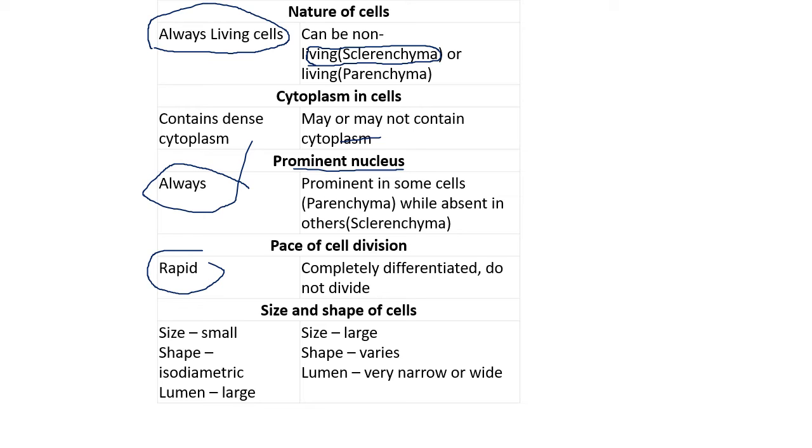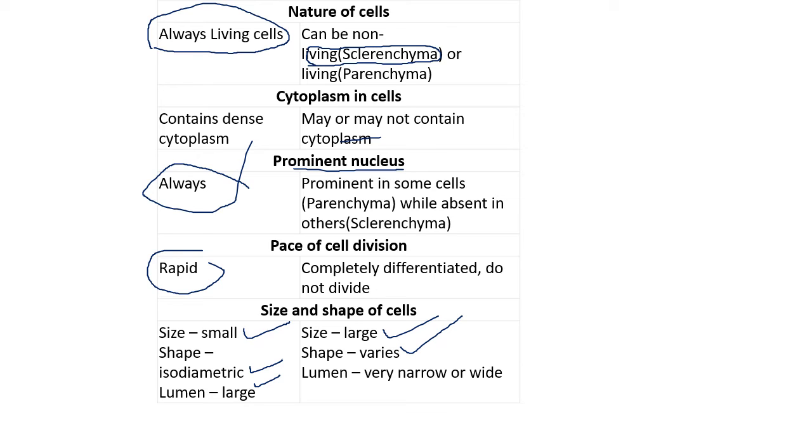And when you look at the size and shape of the cells, the size is small, shape is isodiametric, and lumen is large in case of the meristematic cells. While when you look at the permanent tissues, you'll see size is large, shape varies.